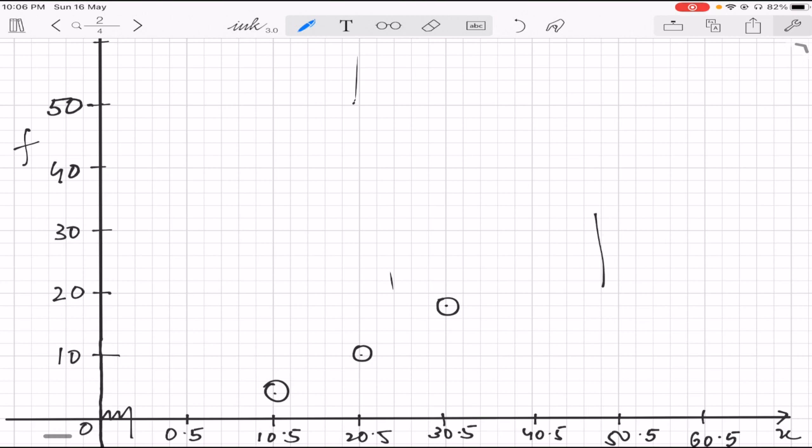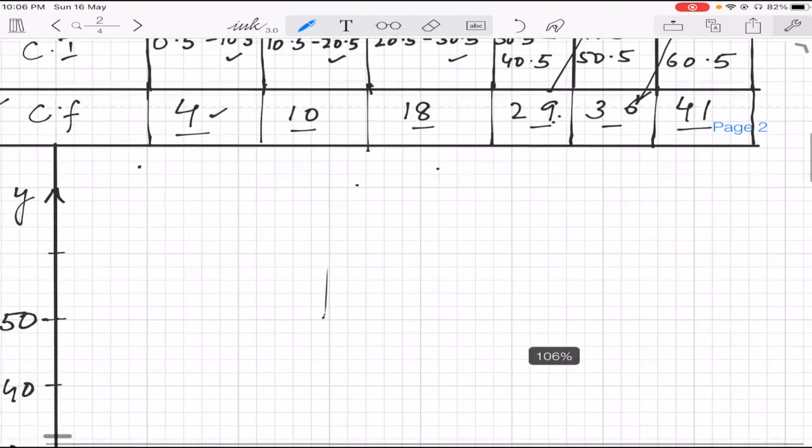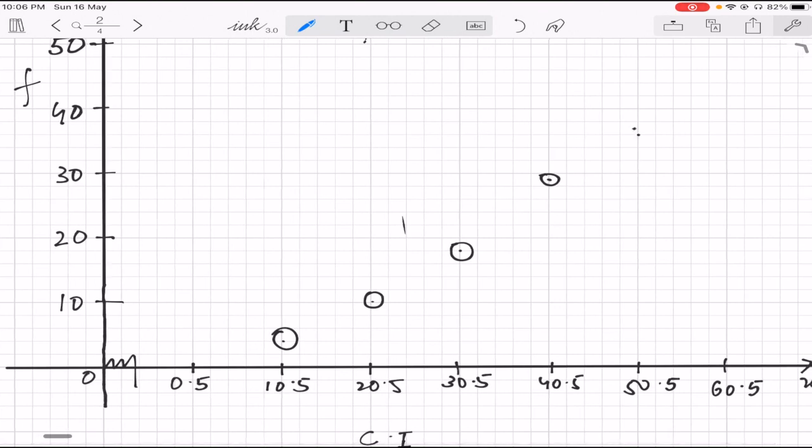Next is 40.5, so it is 29. 29 is here. And then next is 36. And the last is 41.